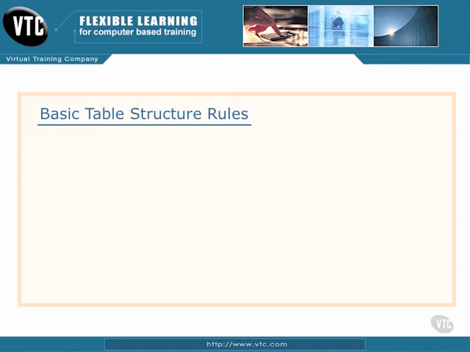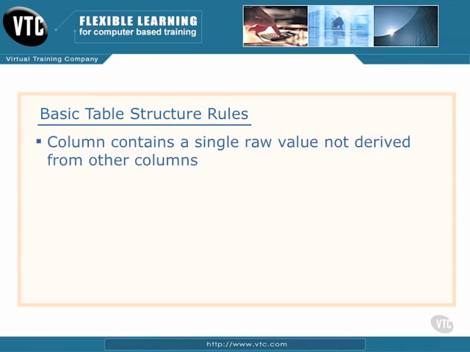The most basic rule is that each column in a table should be designed to hold a single value, and that value is not derived from other columns in that table. We can always derive composite values in our result sets for a specific query, so it's a waste of space to store both the raw values and then one or more composite values derived from them.